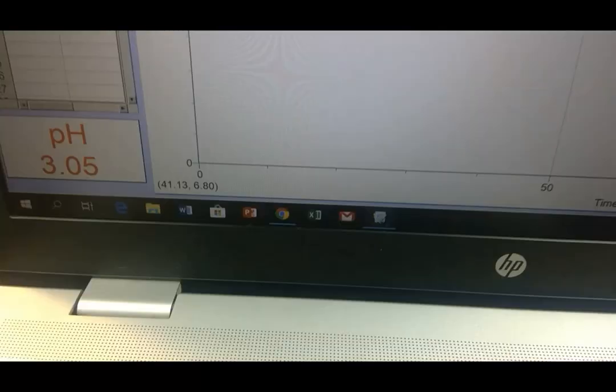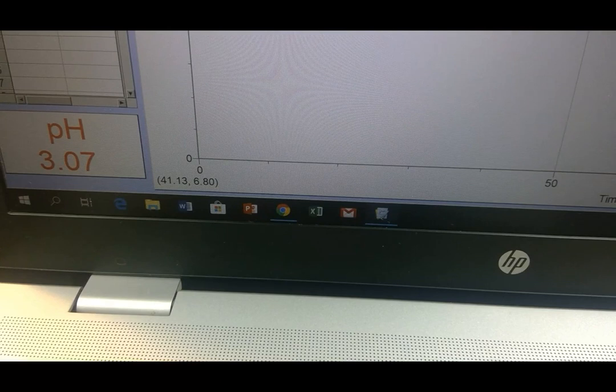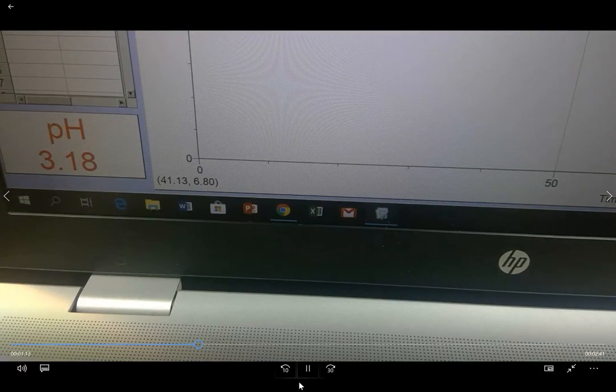We can see that it's still going up slightly. It's around pH 3.1, 3.2, which means it's still acidic, as we would expect from the name ethanoic acid, but it isn't as acidic as the hydrochloric acid.